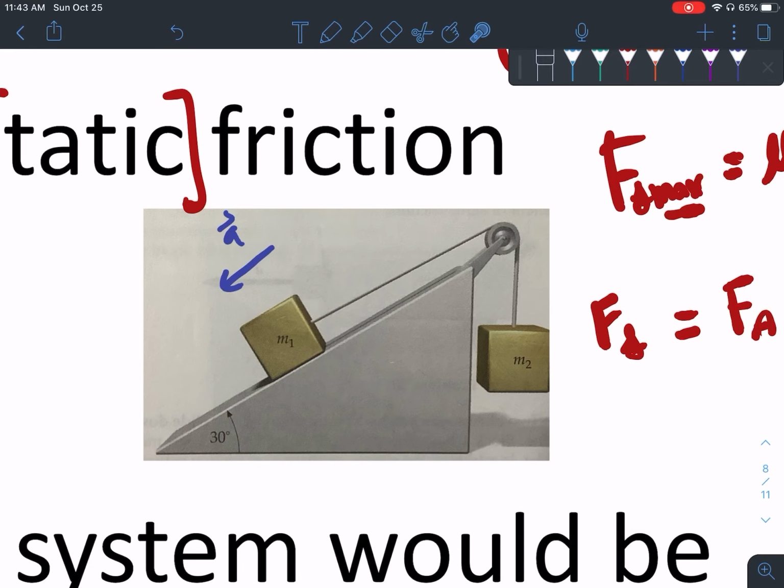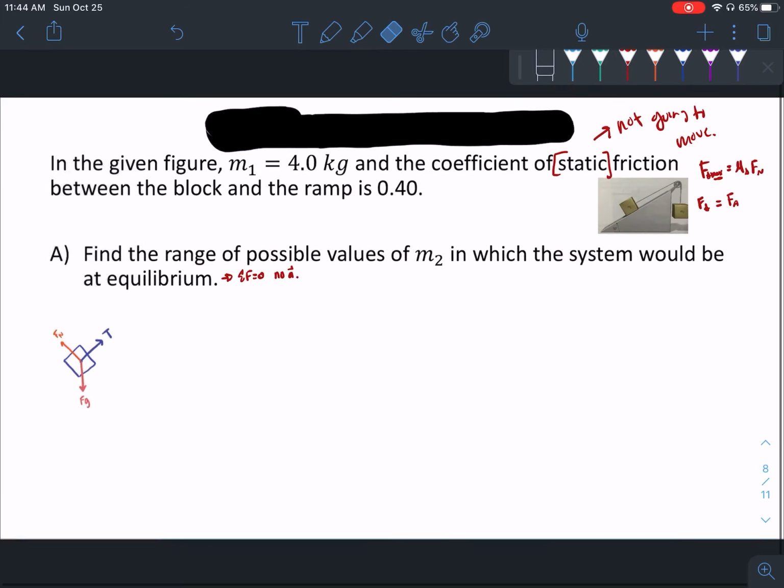And if the acceleration is down the ramp, it is saying that M1 is heavy enough that it's pulling M2 up. Or M2 is light enough, since we know what M1 is. So those are the two different ranges that we're going to try to see, is how can we make sure that we're in this middle range where there's actually no acceleration. It's not in the positive direction or the negative direction. It is just none. And so that's going to affect our free body diagrams.